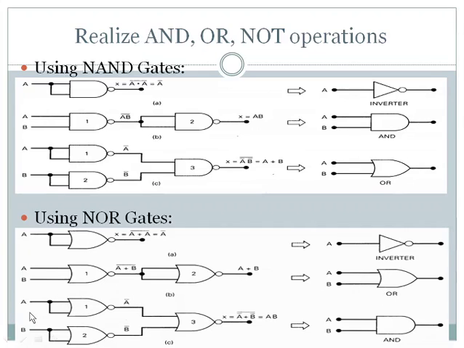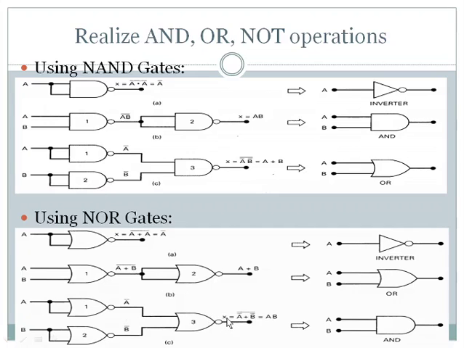And you can also see the third circuit where we have given the same input A for both the inputs of the first NOR gate. The output becomes A bar since this performs the complement operation. Similarly, we have used a second NOR gate for which both the inputs are B, so the output is B bar, and these two outputs are given as inputs for the third NOR gate.